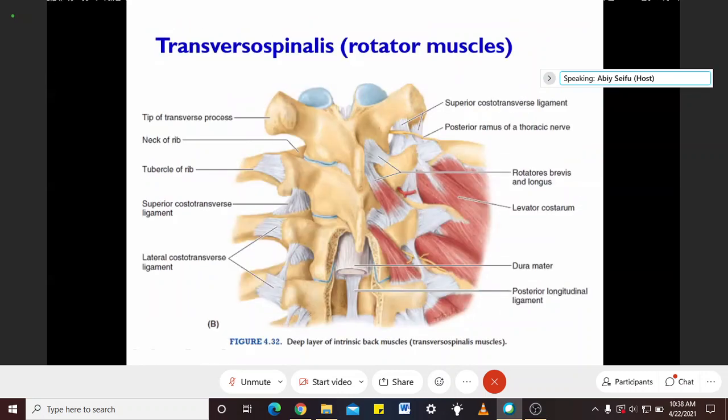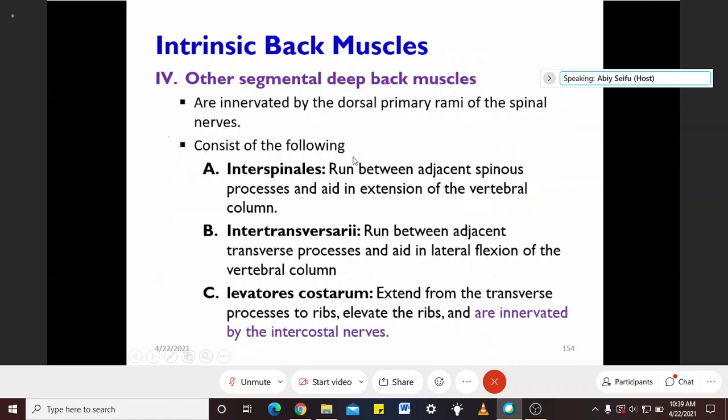The other are the rotator muscles, which are deeper, running from the transverse process to the lamina, mainly found in the thoracic regions, and there are also longus and brevis ones.